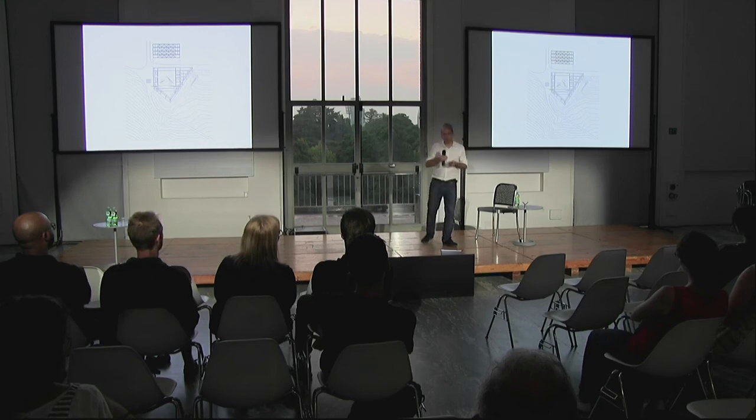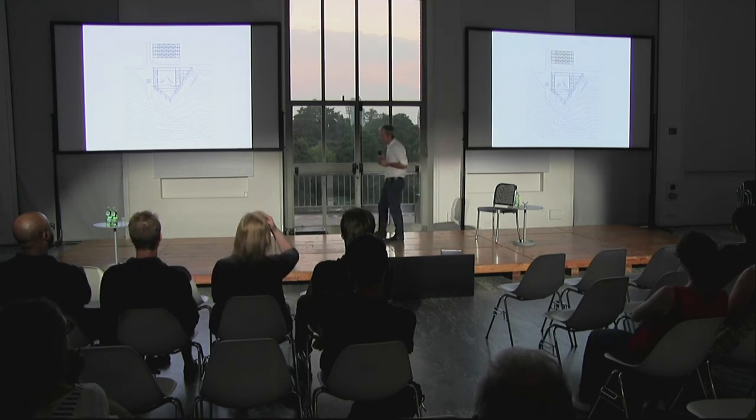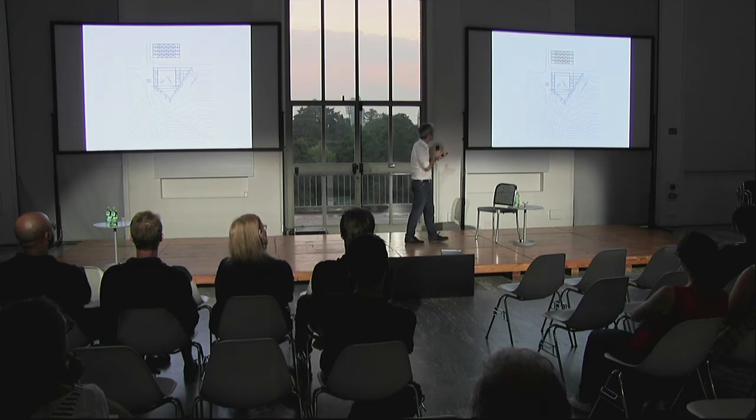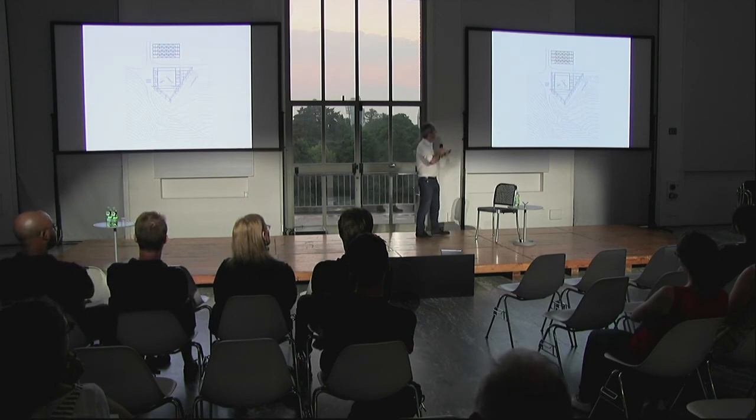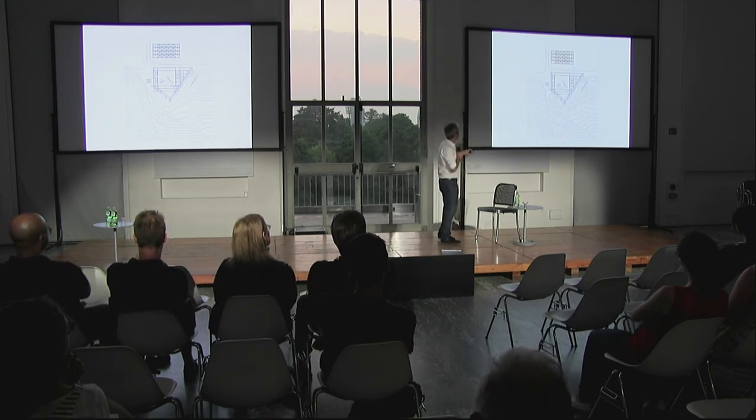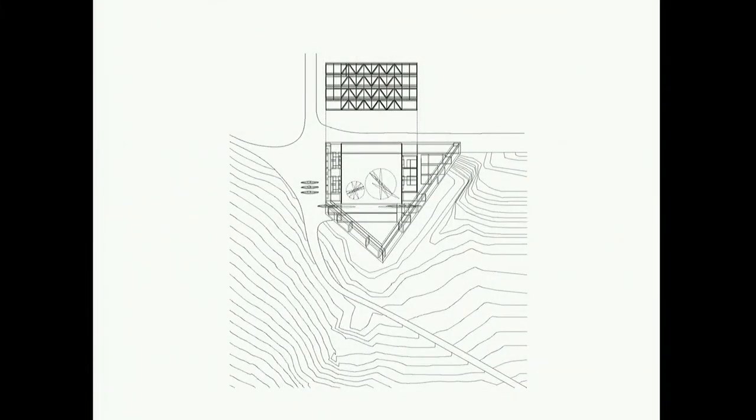In the end, after working with the program, we realized that the dimension of 21 per 21, this square of 21 meters, was right for the use of the rowing boats and the different boats inside.